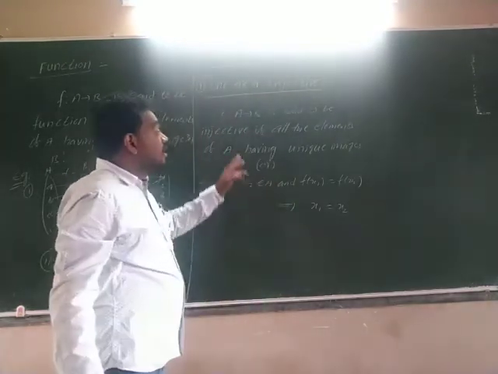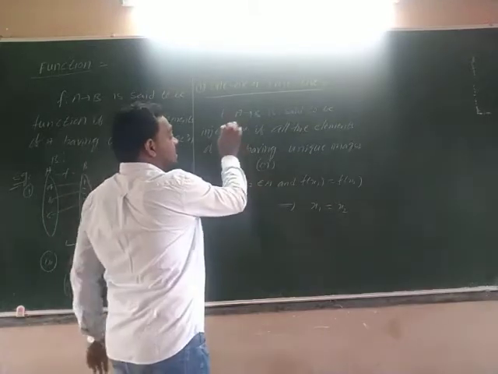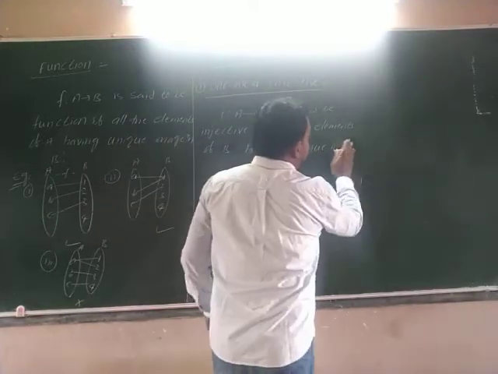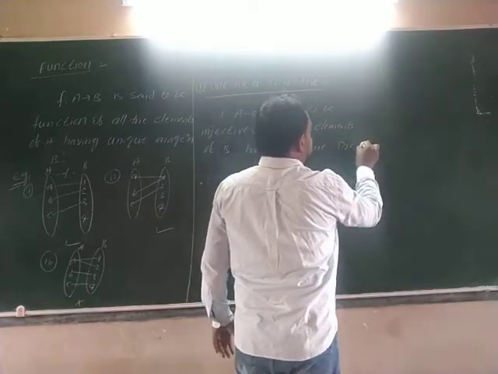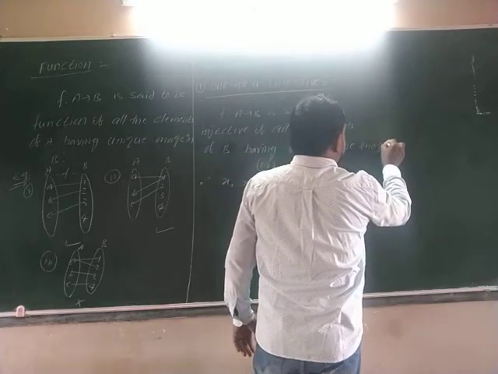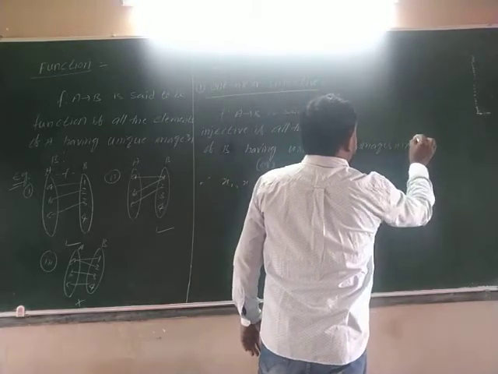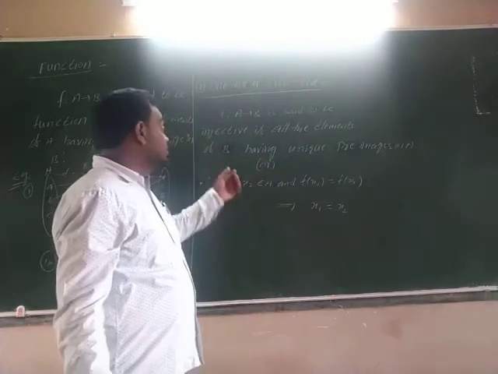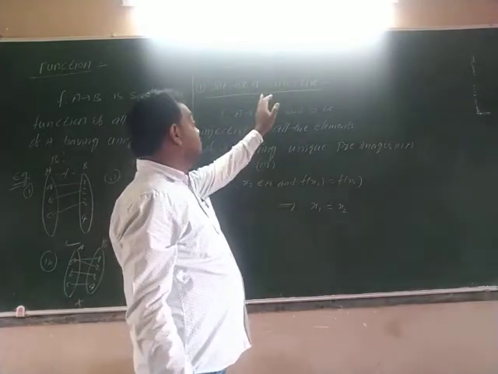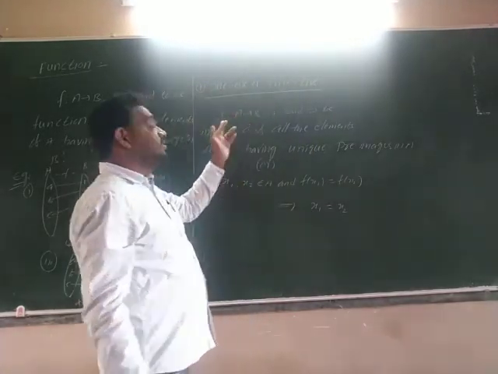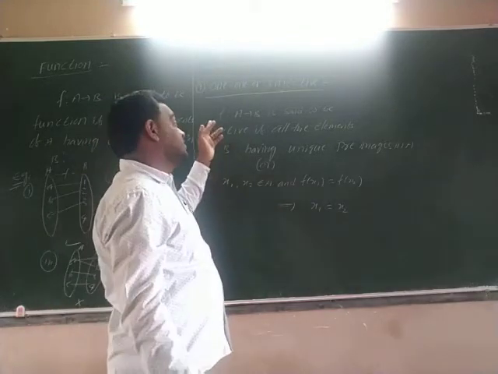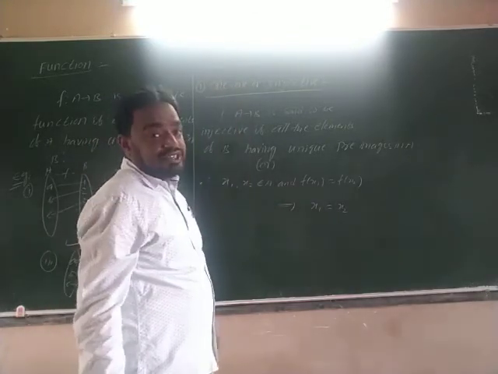Here all the elements of B have unique pre-images of A. Then the function is called one-one or injective.